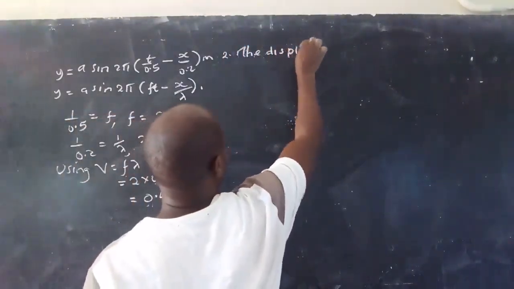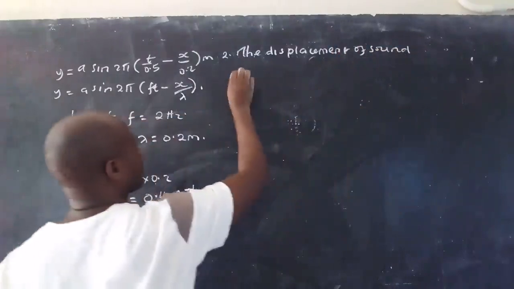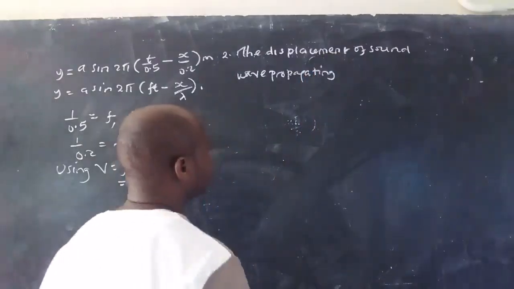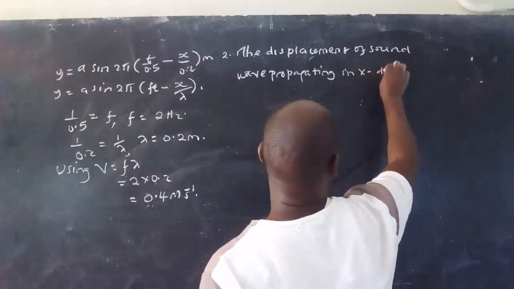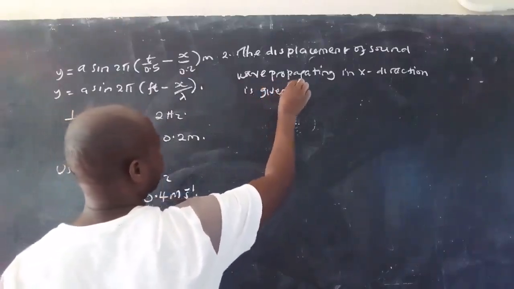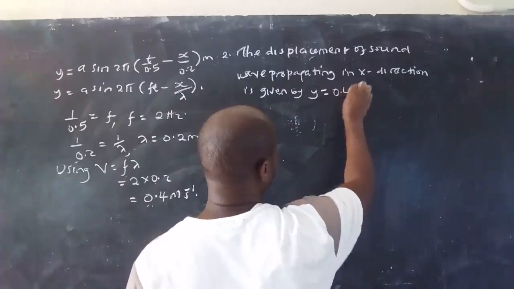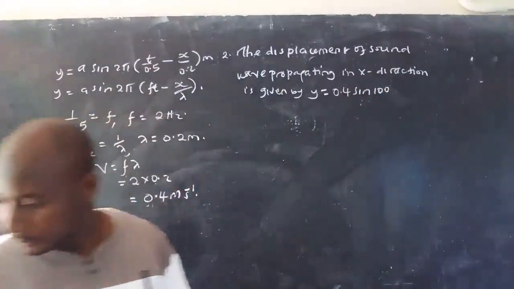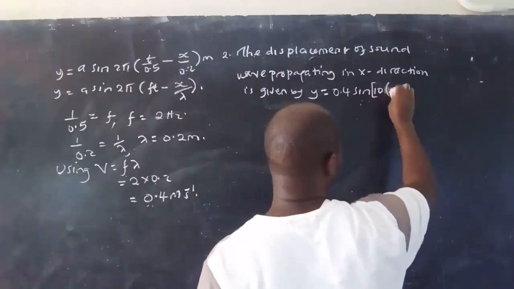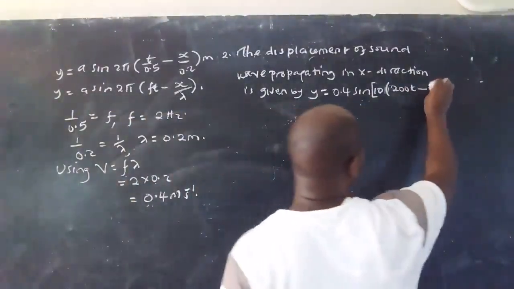Then example number 2, we shall say the displacement of a sound wave propagating in x direction is given by y is equal to 0.4 sine of 10 into 200 t minus x over 100 meters.